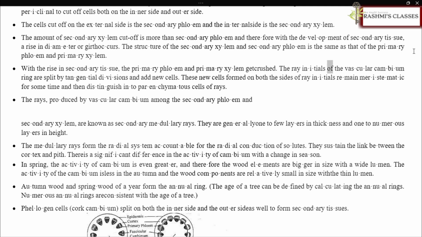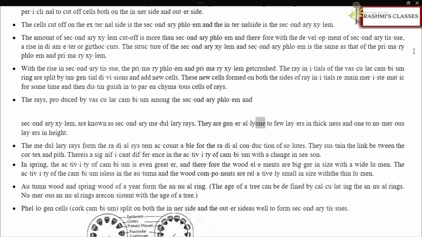The ray initials of the vascular cambium ring are split by tangential divisions and add new cells. These new cells formed on both the sides of ray initials remain meristematic for some time and then differentiate into parenchymatous cells of rays. The rays, produced by vascular cambium among the secondary phloem and secondary xylem, are known as secondary medullary rays.